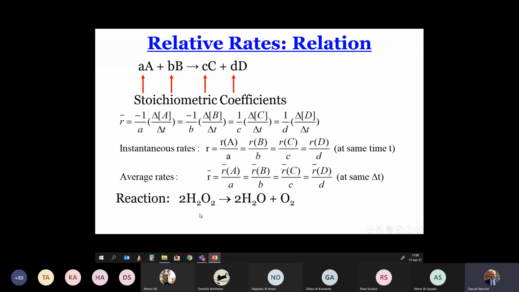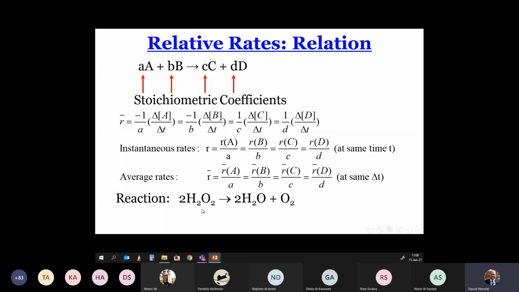Consider the reaction 2H2O2 gives 2H2O plus O2. What is the relation between the rate of disappearance and the rate of formation? The rate of the reaction equals R_H2O2 divided by 2, equals R_H2O divided by 2, equals R_O2 divided by 1.